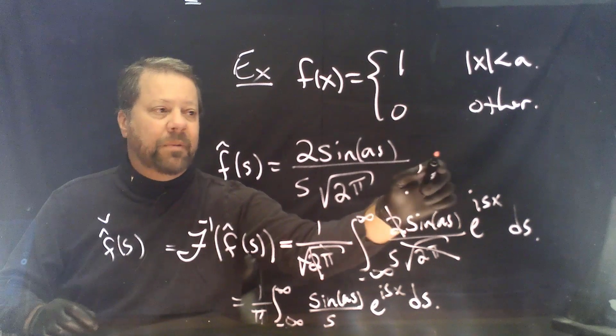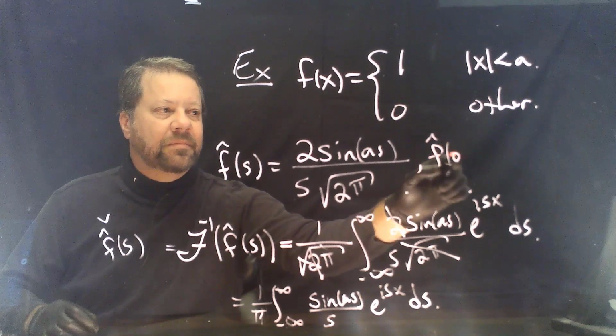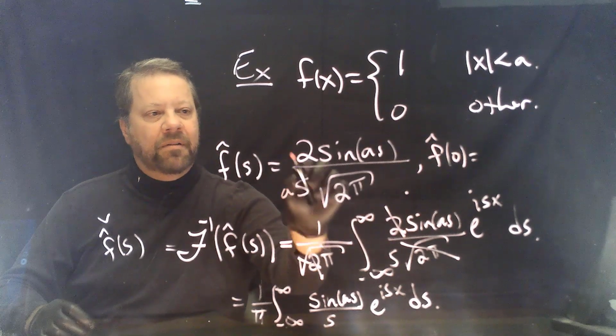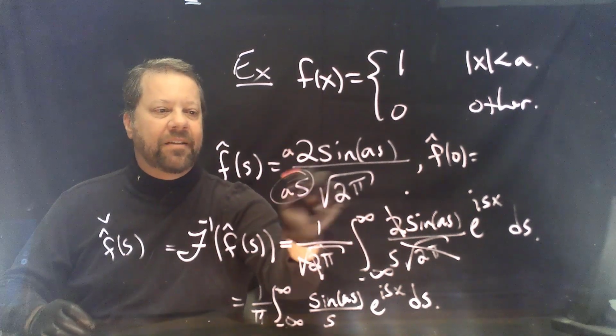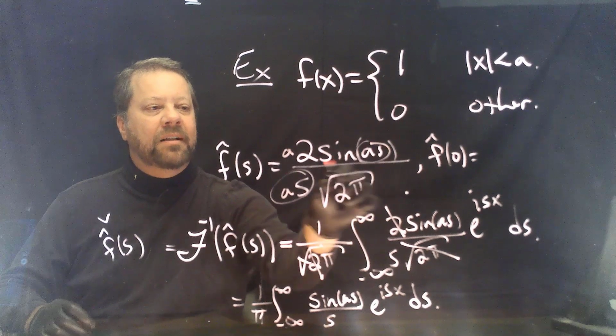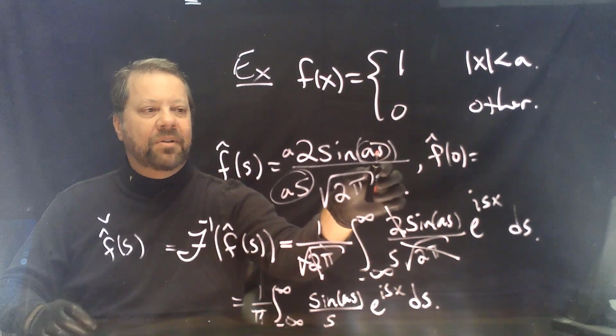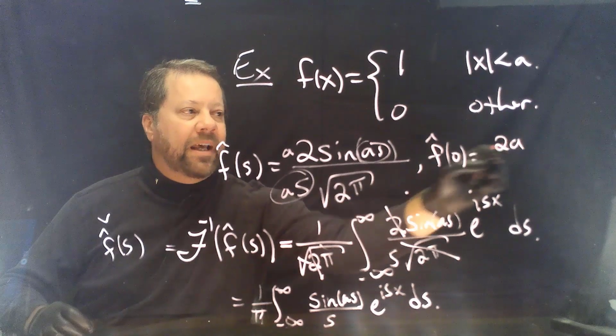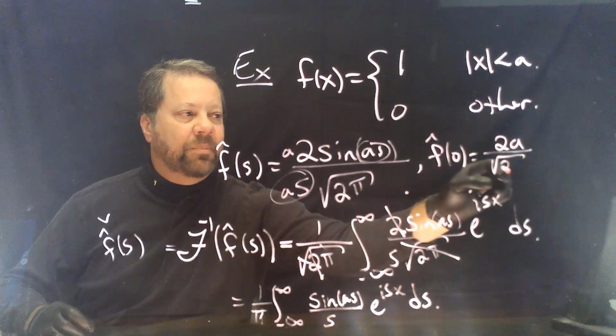I should note before proceeding, f hat of 0, you should put an a here and an a here. That way these will match. The limit as s goes to 0 will give you 1 from this. You'll have 2a over root 2 pi.